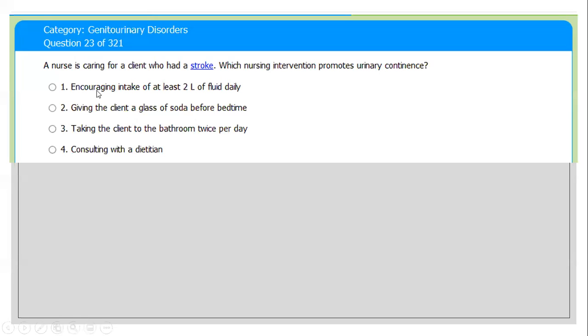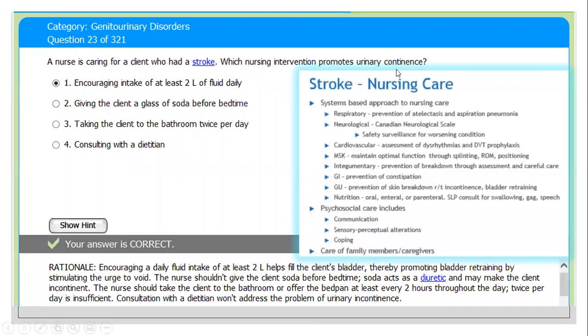So the options: number 1, encouraging intake of at least 2 liters of fluid daily. Number 2, giving the client a glass of soda before bedtime. Number 3, taking the client to the bathroom twice per day. And number 4, consulting with a dietitian. So which nursing intervention promotes urinary continence?